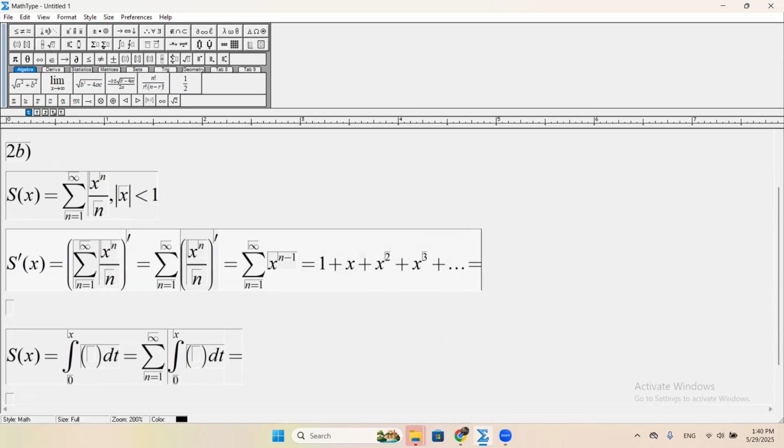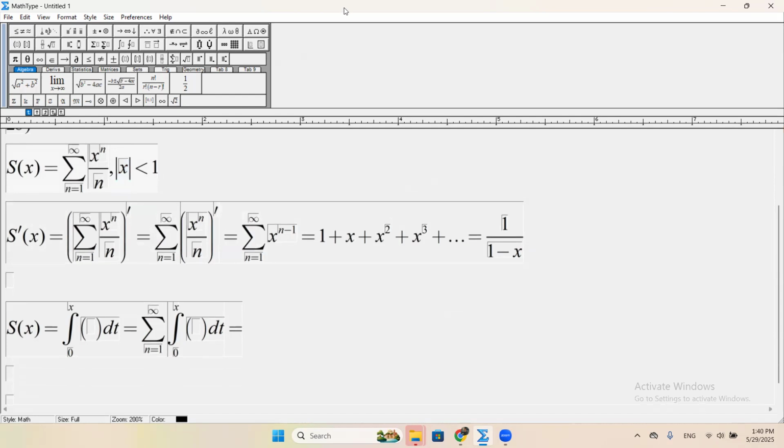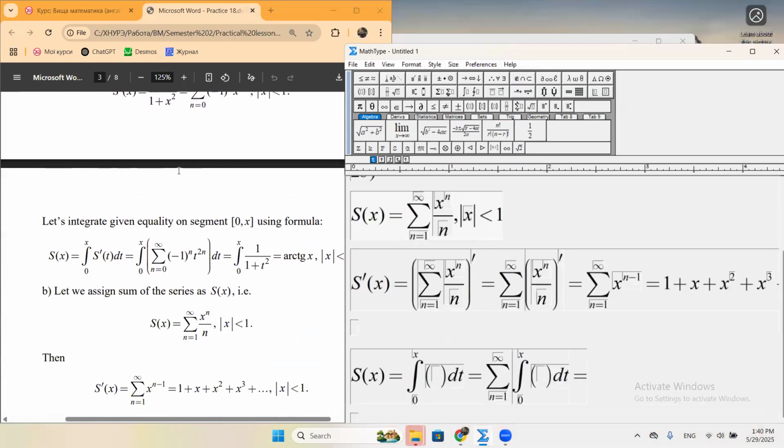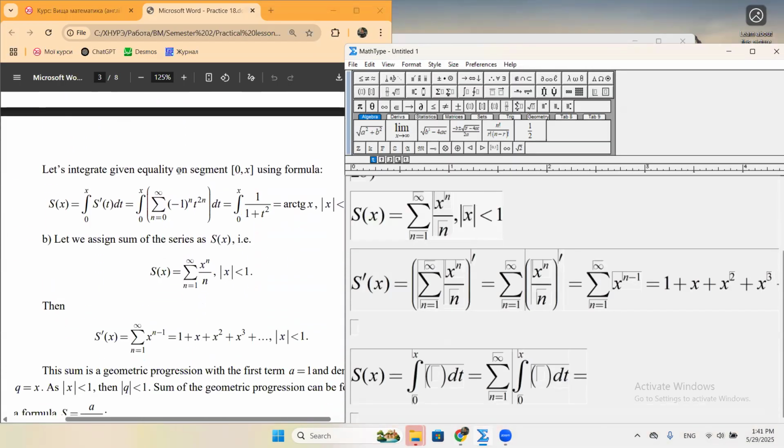Again, we receive the geometrical series. The first term is 1, and the denominator equals x. So we received the following series. It converges because modulo of x is less than 1. So okay for us. Let's check it here. Yeah, so actually the same.